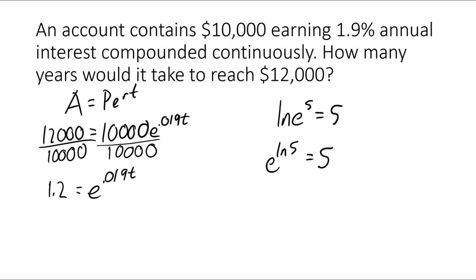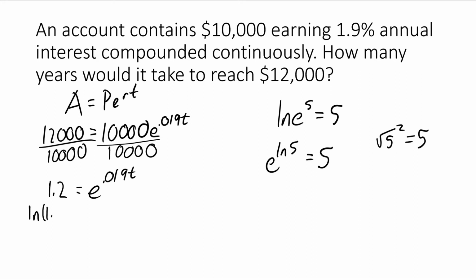Just like, for example, if we did the square root of 5 squared. I don't know what the square root of 5 is, but if I take the square root of 5 and then square it, that takes me right back to 5. That's what our natural log function can do. So we're going to take the natural log of both sides of this equation.